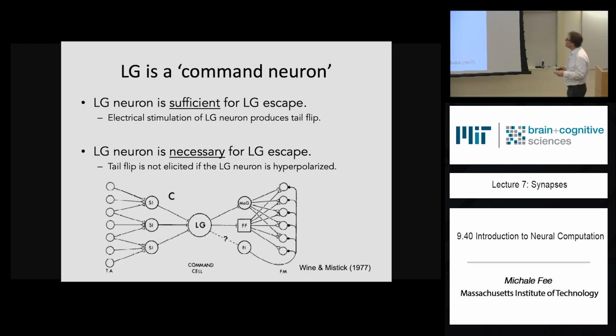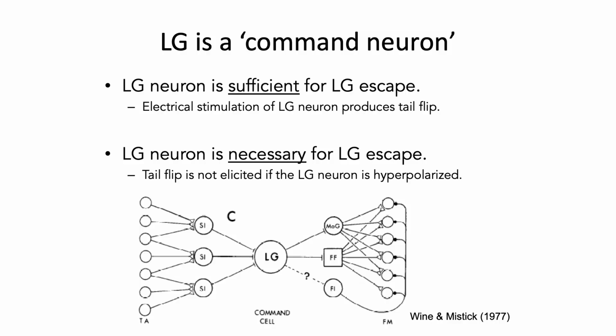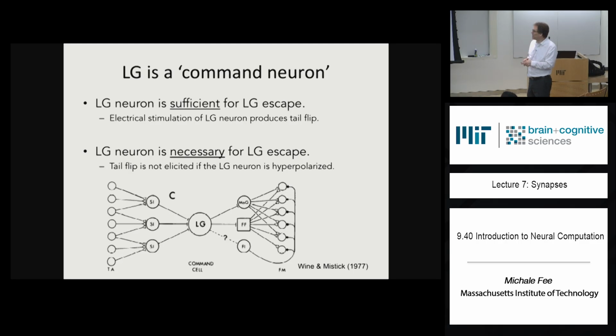So first let me just say that that LG neuron, that lateral giant neuron, is known as a command neuron. And that is because if you activate that neuron, if you just depolarize that one neuron, it activates that entire escape reflex, okay?